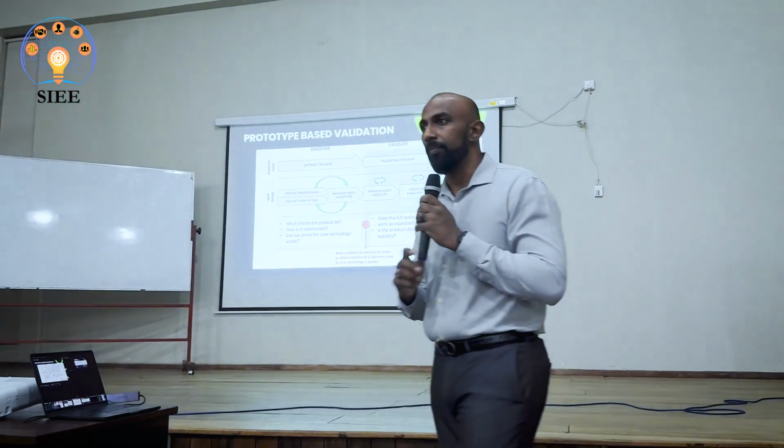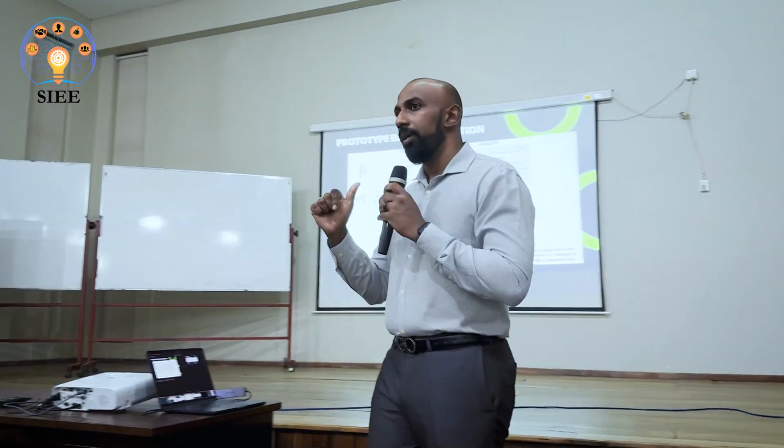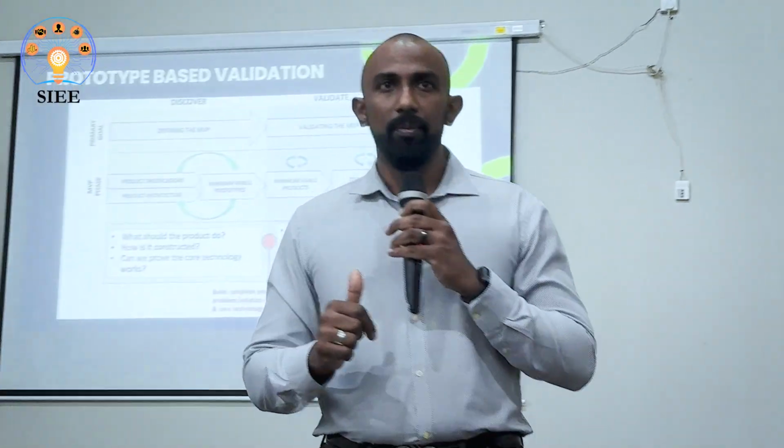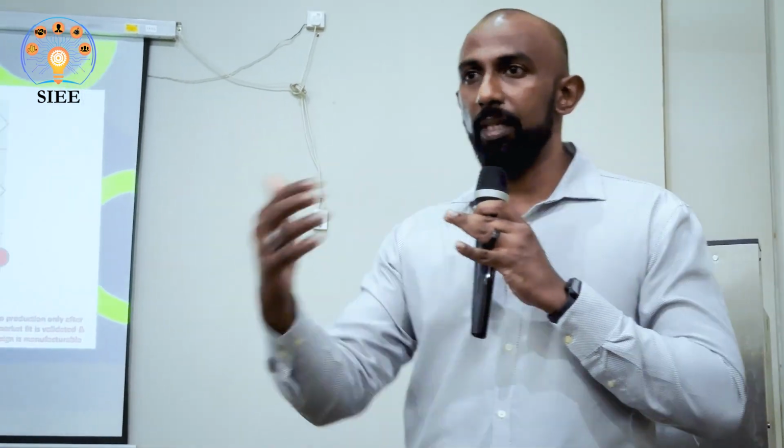Okay, what does that mean? That is the end outcome of the validate phase. Once you have your minimal viable product, you have to go to your market. You need to identify a micro market, a smaller geography, and try to sell the product.